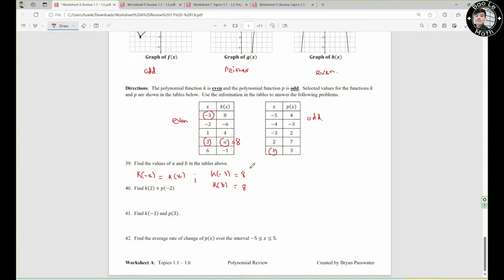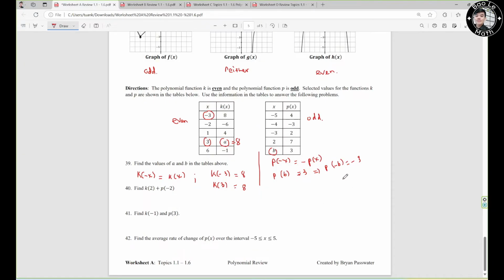Now, look at this one. Because the function p is odd, we have p of negative s equals negative p of s, right? So we have p of b equals 3 right here, and then we have p of negative b is negative 3, right?